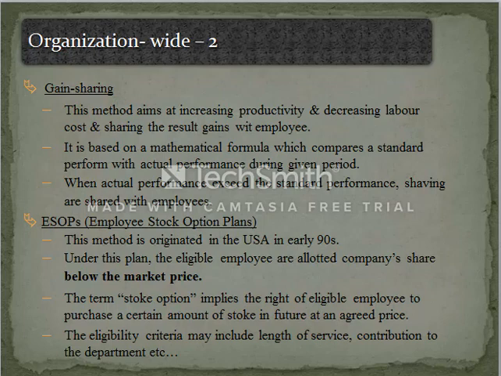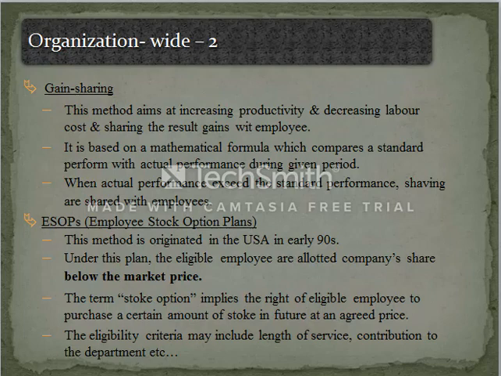Now the third category, ESOPs, employee stock option plans. When we were discussing the third unit of our syllabus, there was one chapter on equity based compensation plans. Under this, we have already discussed different types of equity based plans through which we can retain our top employees.